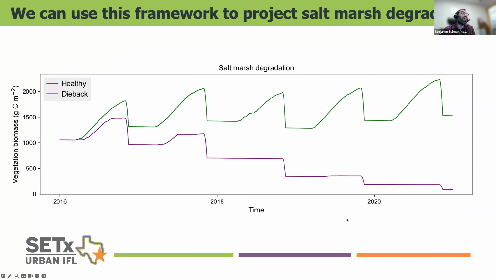And in the context of marsh dieback specifically, that allows us to simulate this sort of divergence over time between a healthy marsh where elevation is consistently above sea level versus a dying back marsh where the relative sea level is increasing with respect to the height of the marsh, and it's causing the vegetation to die off over time.